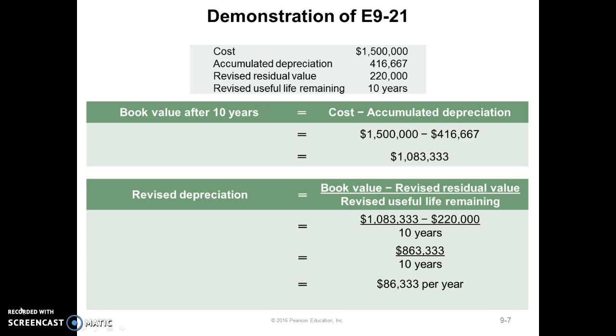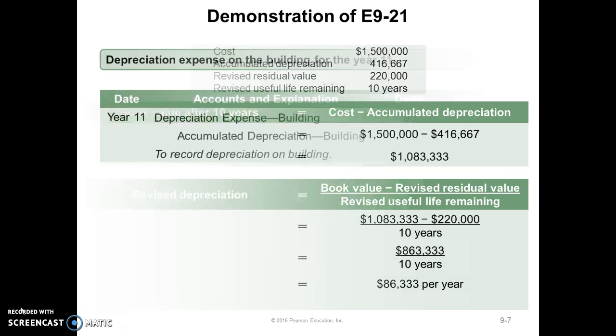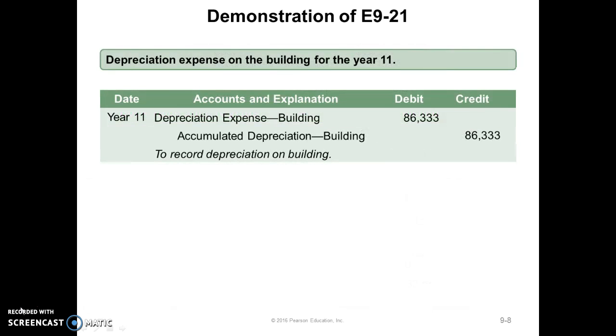So now the new depreciation per year is going to be the 863,333 divided by 10. So now it's going to be 86,333 per year. So you see, that's the new year 11 depreciation.